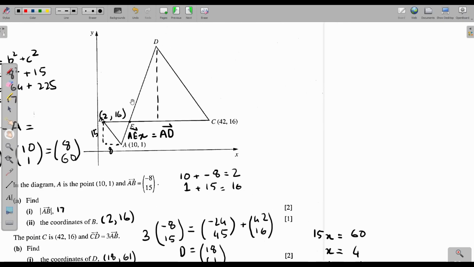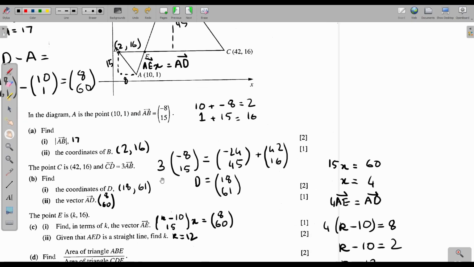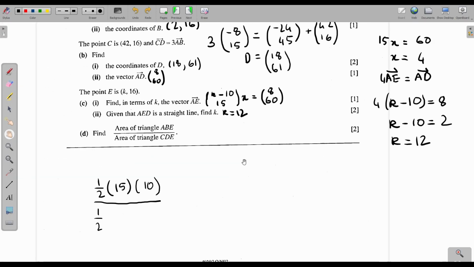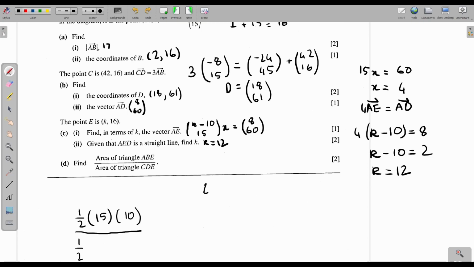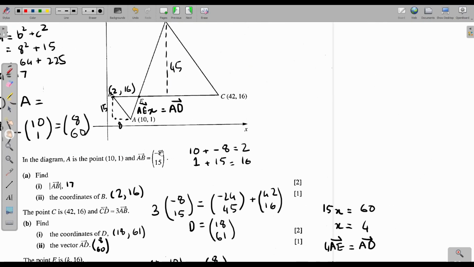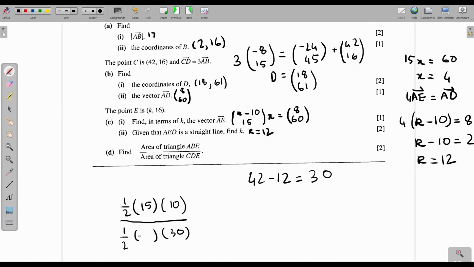So it's 24 and 45, which means the height here was 45. You go 45 up from C to get to D. So that was the height, and then the base is going to be the distance between C and E. Both of them are at 16, so that doesn't play a factor, but C is 42 and E is 12. So 42 minus 12 gives us 30. So 30 is the base, and 45, let me just double check, 45 is the height.